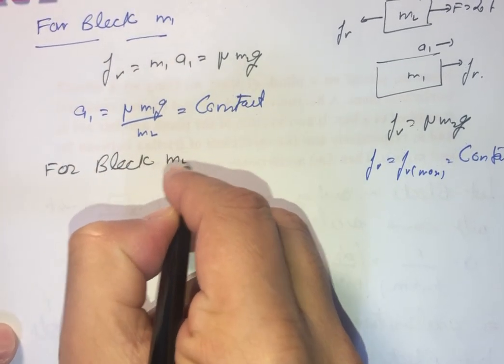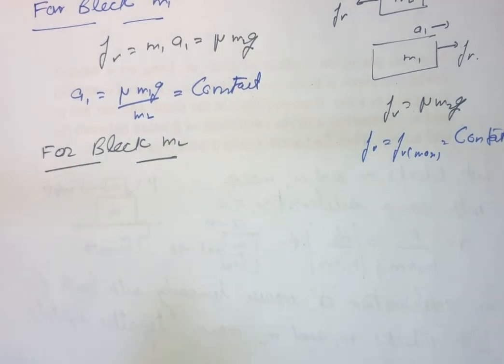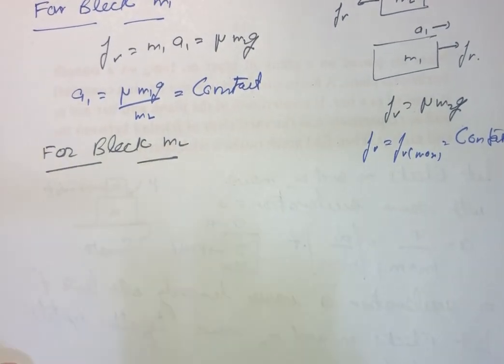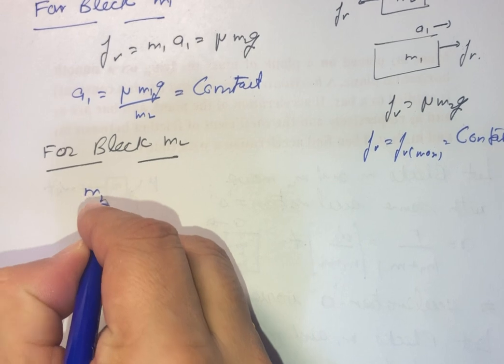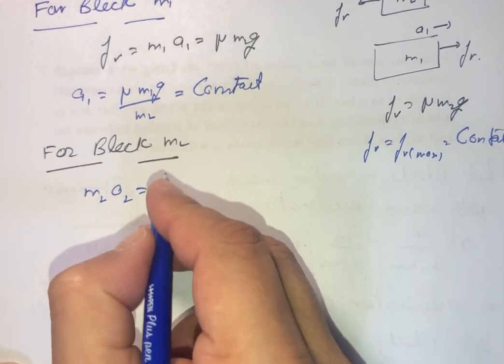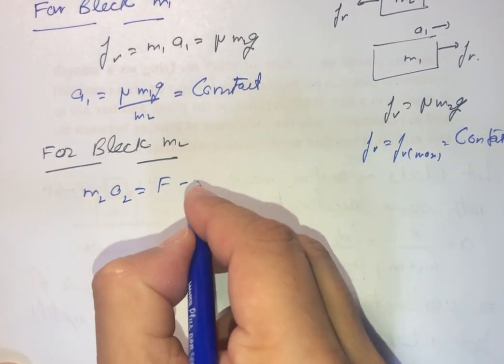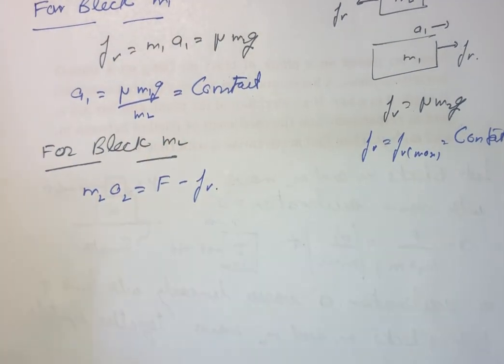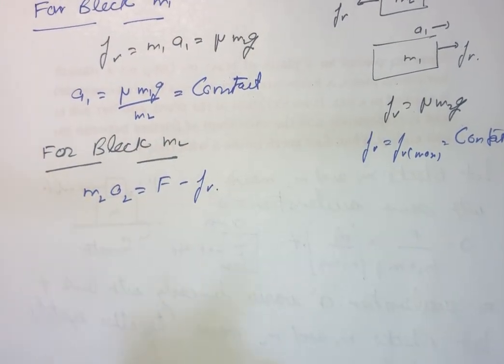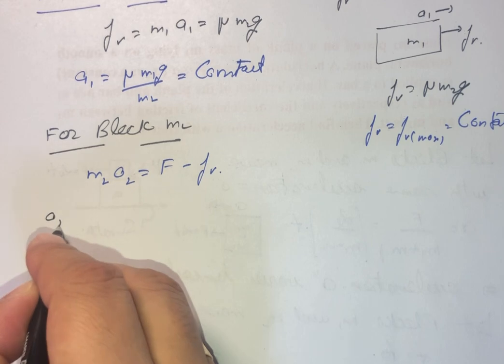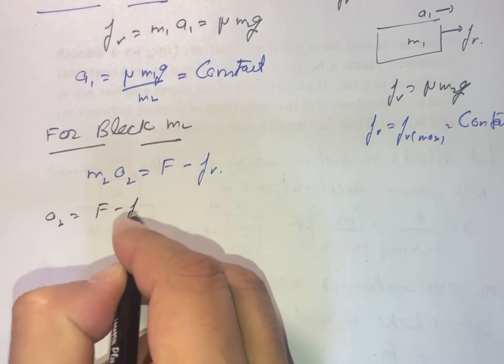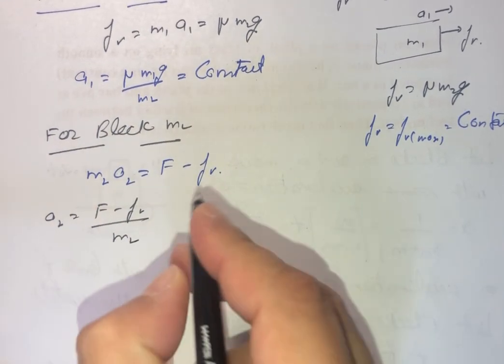And for block m2, we can write that m2 a2 will be equal to F minus Fr, or we can write that a2 will be equal to F minus Fr divided by m2.